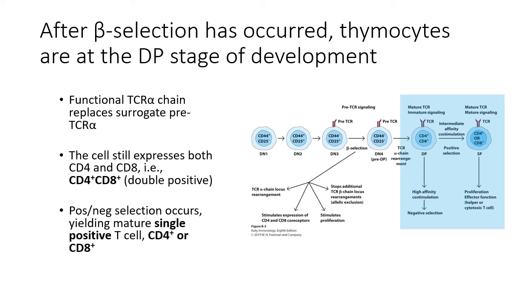Sort of the next phase in this process is to go through positive selection and negative selection and try to produce cells that are single positive for either CD4 or CD8, but not both. So this is kind of the final stage of maturation when they shift from being double positive to single positive cells.